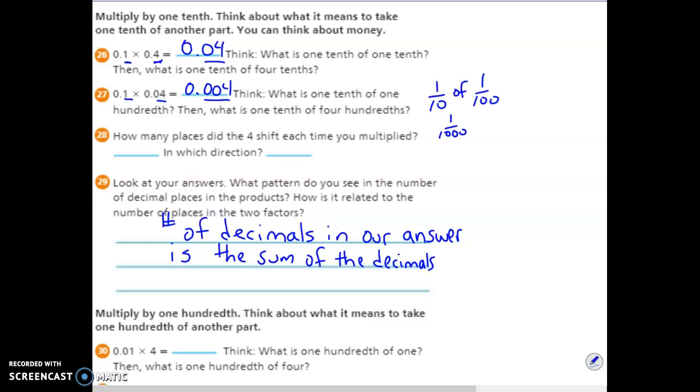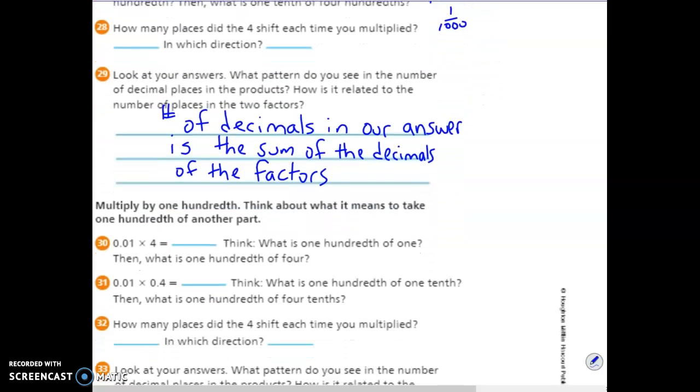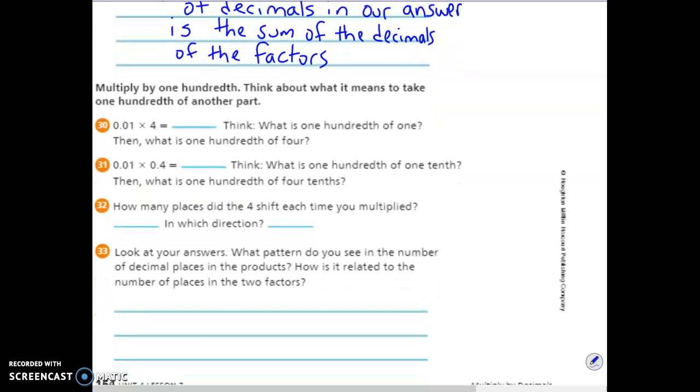Do you remember what those are called? The answer is a product. You multiply the factors together. Okay, let me say that again. The number of decimals in our answer, the product, is the sum of the decimals of the factors. All right, copy that down. Pause the video if you need to.